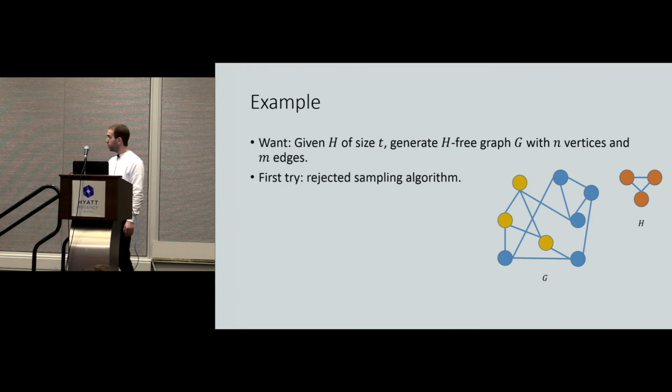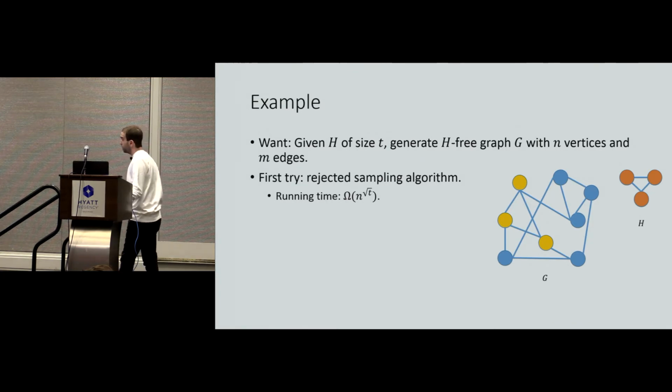And if most graphs G are good, that is, they do not contain H as a subgraph, then the running time will be something like n to the number of vertices of H. And since T is the number of edges, this is something like n to the square root of T. Now, since T is a large constant, and it appears in the exponent of n, this is not a nice term.